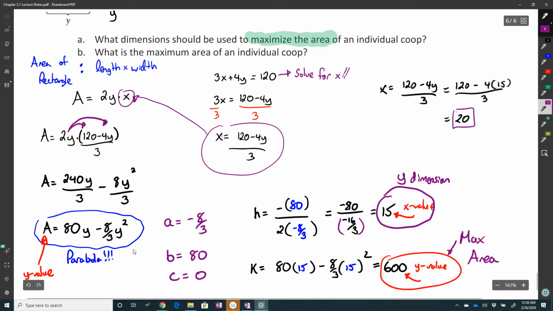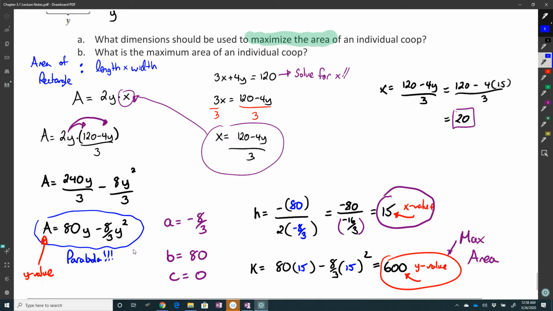So for your dimensions, notice that when we did this, I said it's an x value, but it was really my y dimension. Well, I guess that's what I wrote above here anyway. Whereas this one is my x dimension.